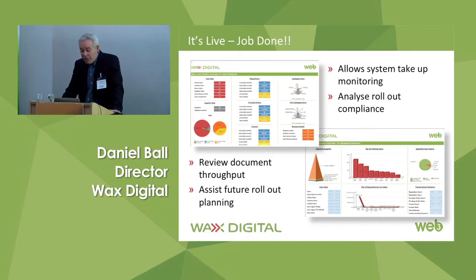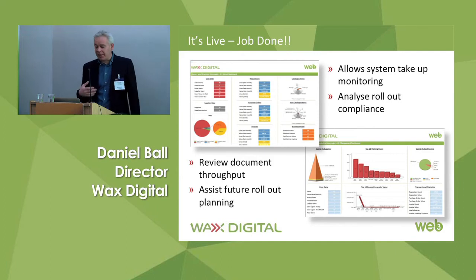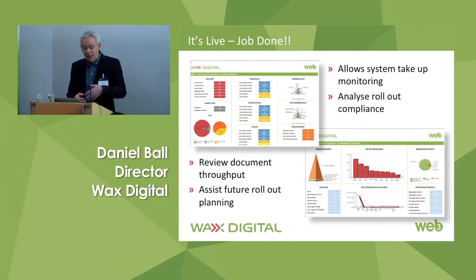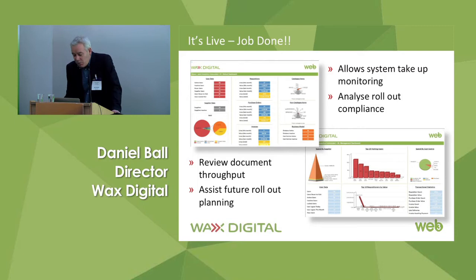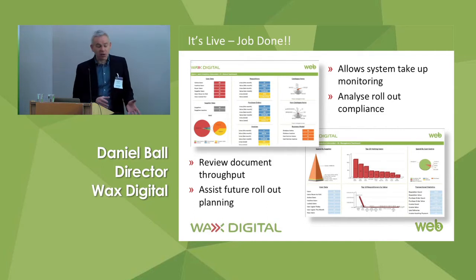We try and help this by providing a set of very specific project success metrics and reports. So it's a pack that measures things like system adoption, supplier onboarding progress, transactional throughput, and so forth. So you can clearly evidence the answers to questions like, is the system doing what you wanted it to do, and what you told everybody that it would do, and can you demonstrate those results to all the stakeholders that you've brought along with you?